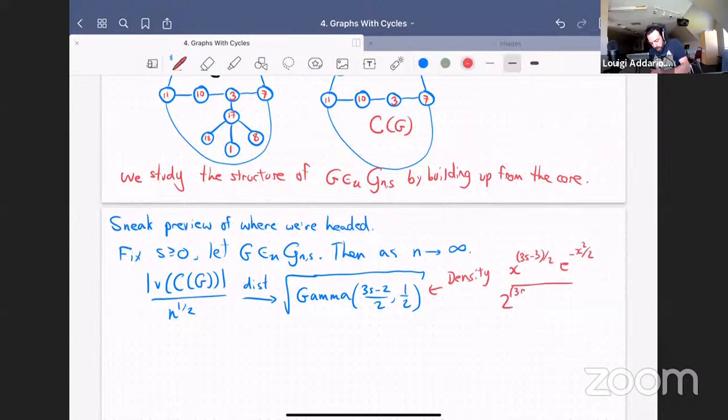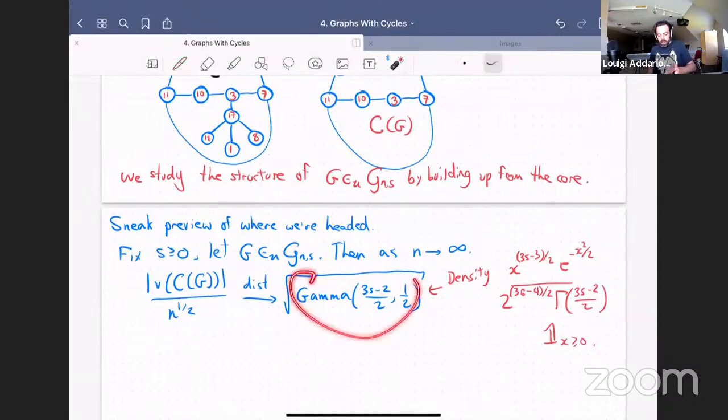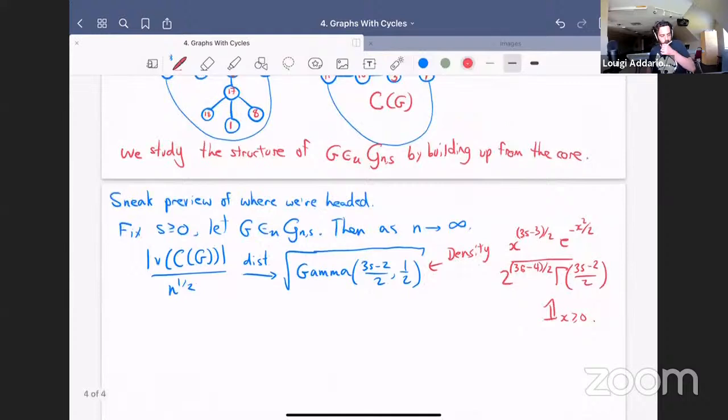My s's look a bit too much like 5s, sorry. So we already saw square root gammas show up when we were studying the total length of T and K just a minute ago. All right, so that's suggestive.